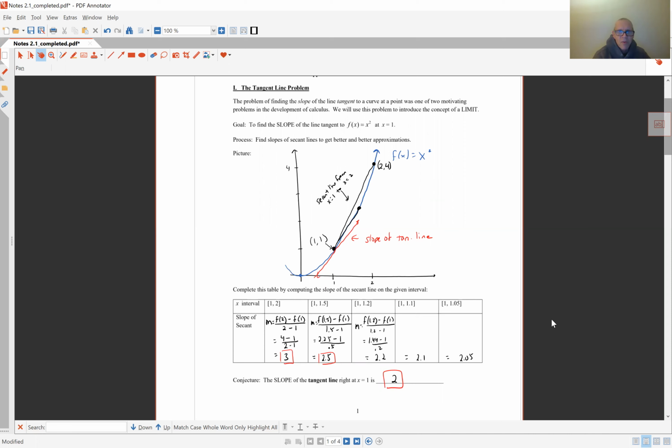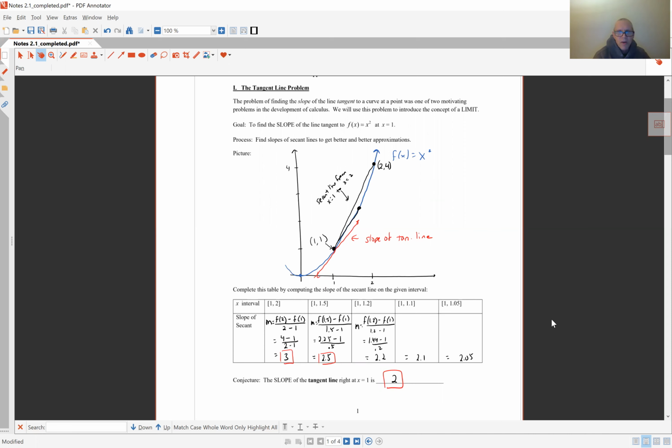So what's the slope of the line connecting when x is 1 and when x is 2? It's rise over run. f of 2 is 4, and f of 1 is always 1. So it's (4 minus 1) over (2 minus 1), and we get a slope of 3.